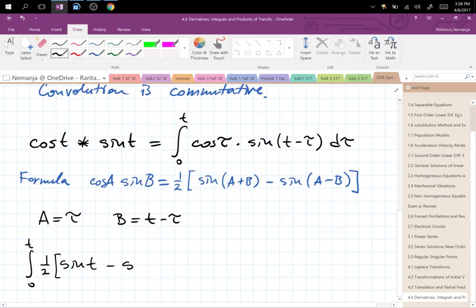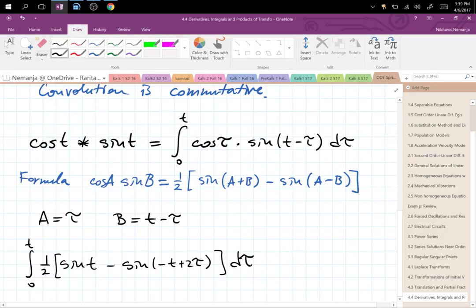And we have a minus sine, and then A minus B is going to be negative t plus 2 tau, d tau.